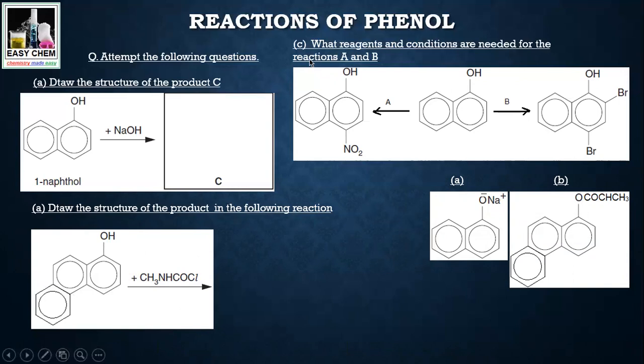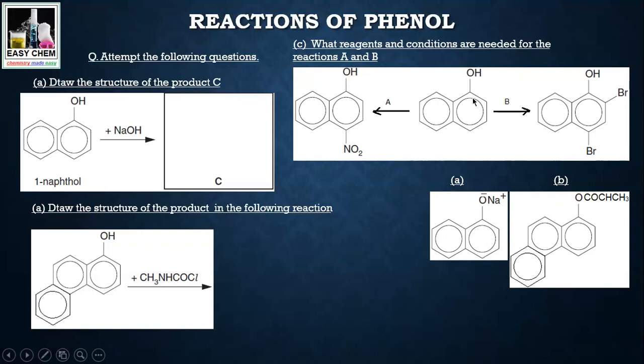And we go to part C, A and B. What is happening in A? In A, we have OH, same thing here, 2 rings, 2 rings. In addition here, we have NO2.